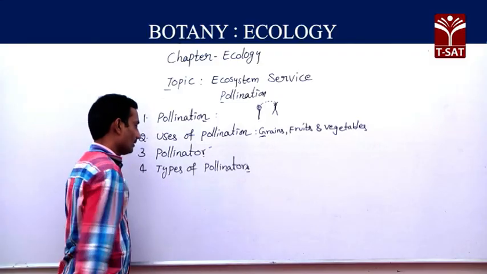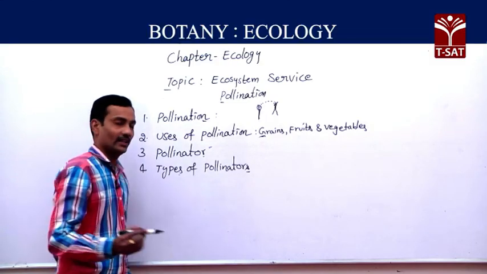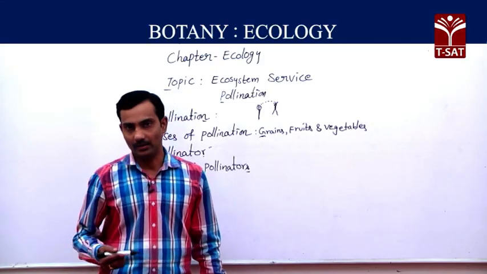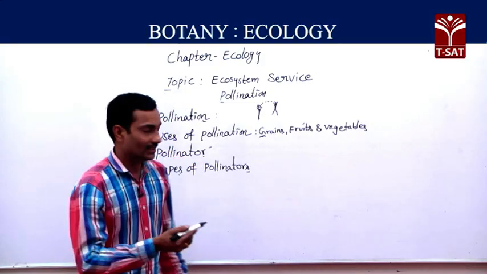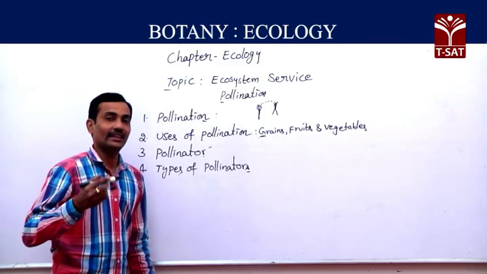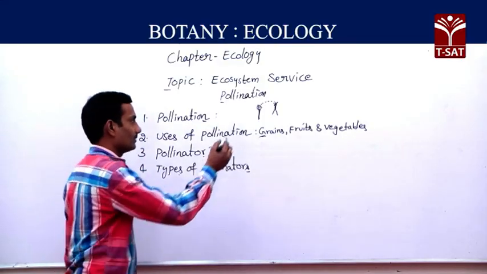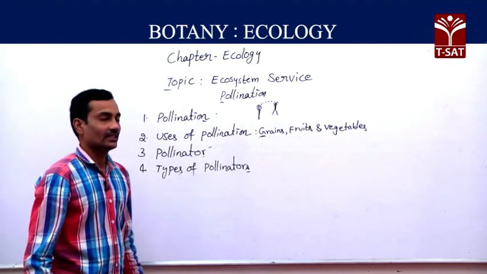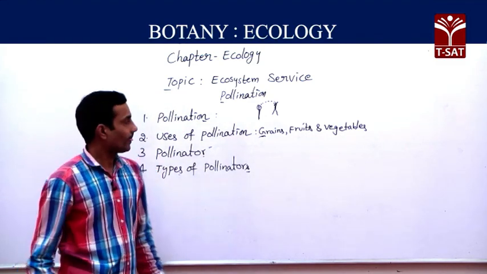All these pollinators indirectly help to transfer pollen grains from the anther to the stigma of the flower.